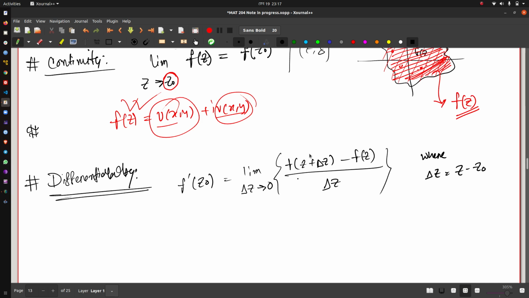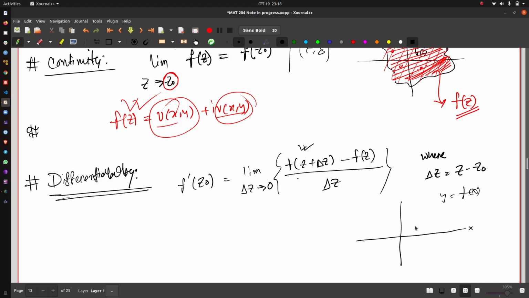As I was saying, if this limit exists, only then you can say that the function is differentiable at that point z0. So it is just like all the things that we see in real variable, but when we are talking about differentiability, we have to keep in mind that we are not working on a one-dimensional line, like in real variable calculus, where you would just move along the left or right side of the x-axis if you have a function, let's say y equals f of x.